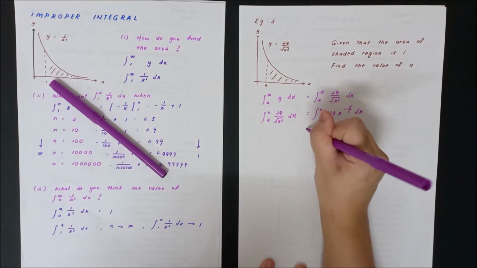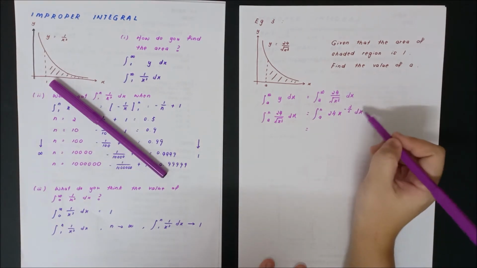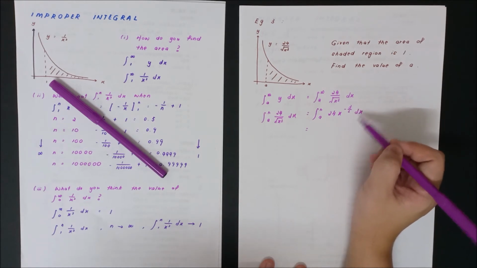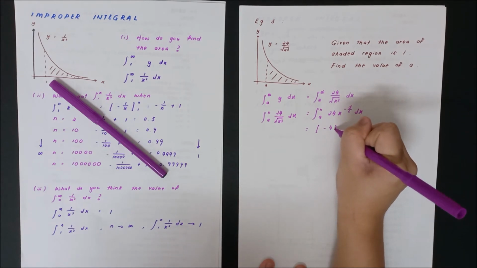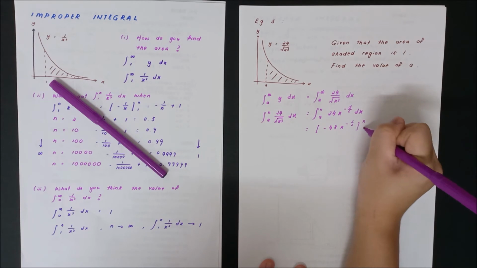Okay, so now you can start with your normal integration. Plus 1, you get negative 1 over 2. So 24 divided by negative 1 over 2 is negative 48, and then x to the negative 1 over 2, from a to n.